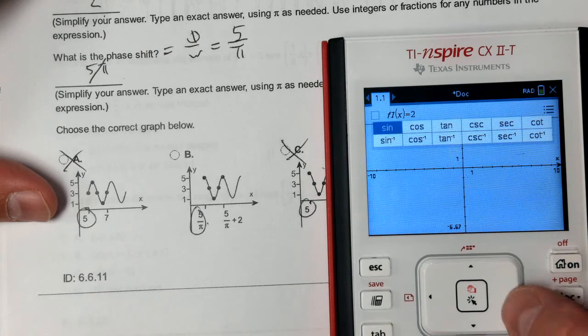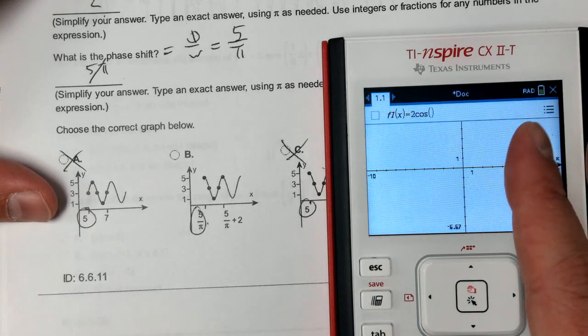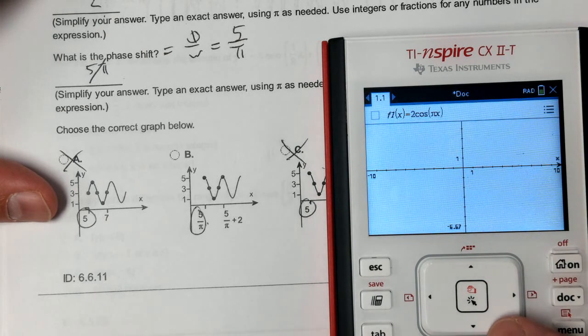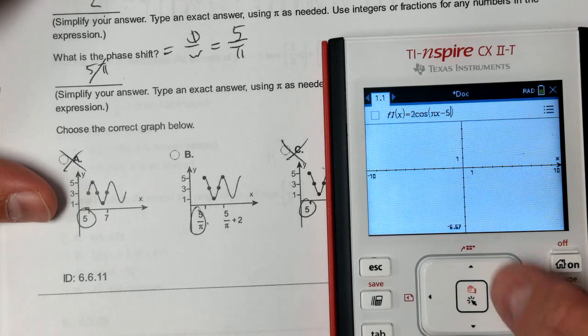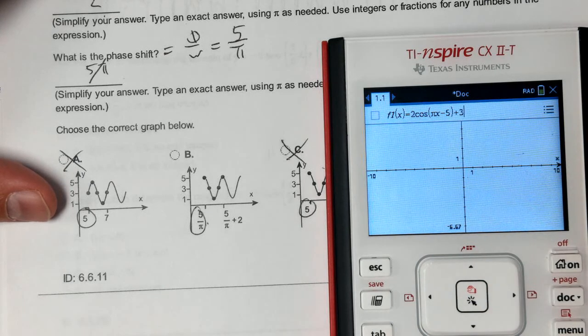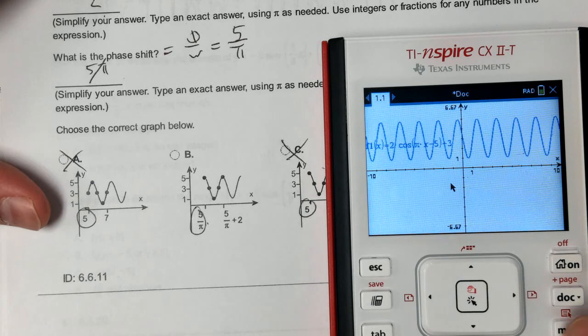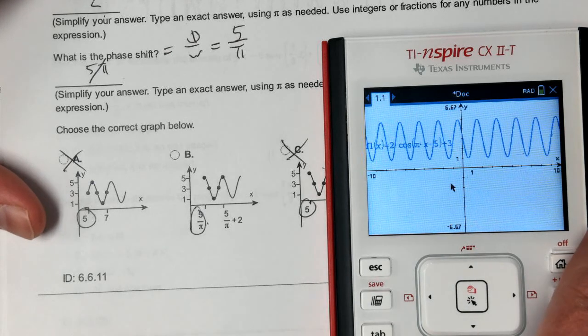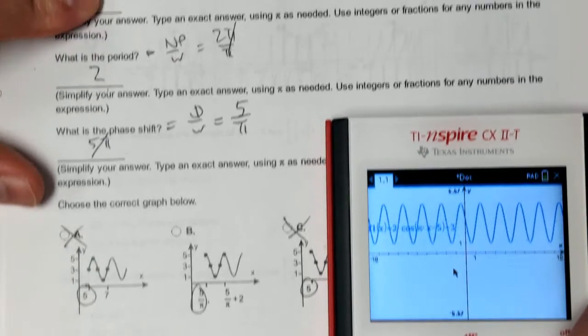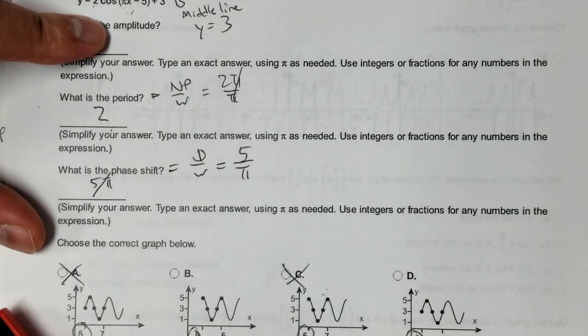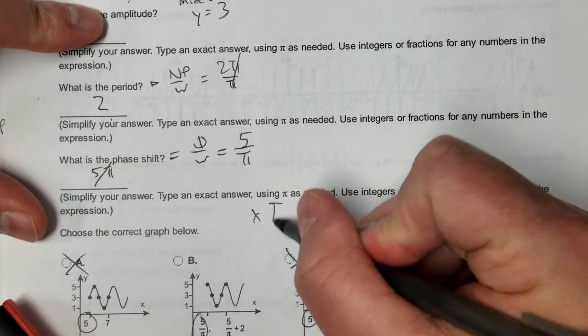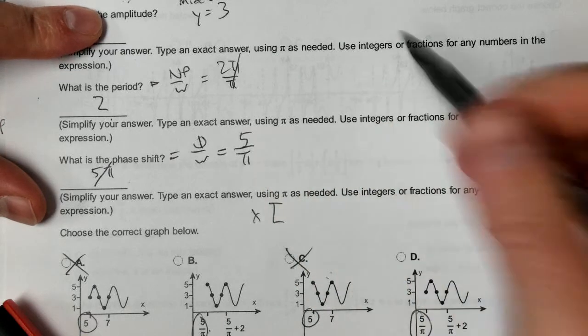Two cosine (pi x minus 5) plus 3. Okay, so let's set our window. Now, it's a cosine graph, and so let's think about our window. Let's see.